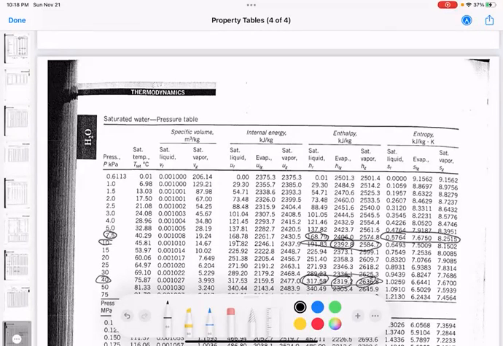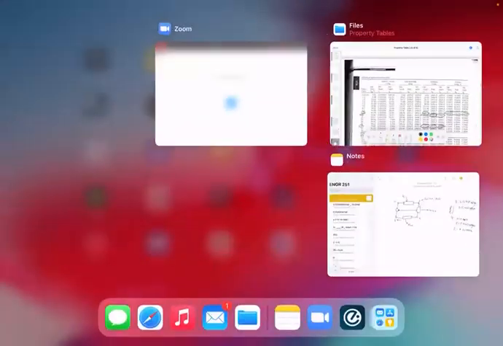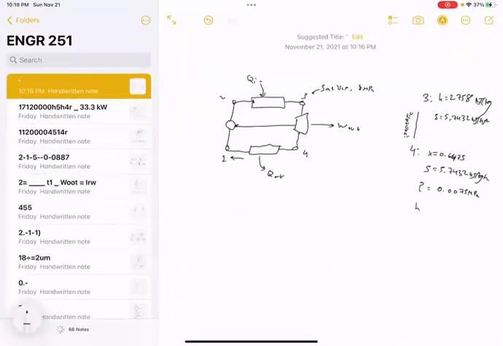And that's 1791.64. So h4, and this is really what we're after, is 1791.64 kilojoules per kilogram.